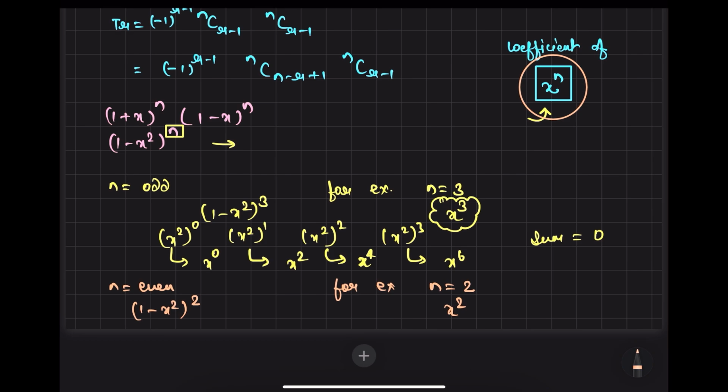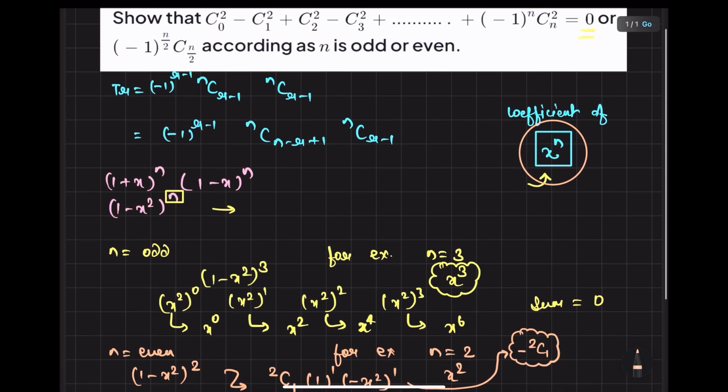So in this case we want the coefficient of x to the power 2. So we have to make sure that x square will take power 1, means 2C1, then 1 power 1, and then minus x square power 1, correct? Then only you will have x to the power 2. Now this will look like 2C1, 1 power anything is the same thing, and this will become minus. Okay, so 2C1.